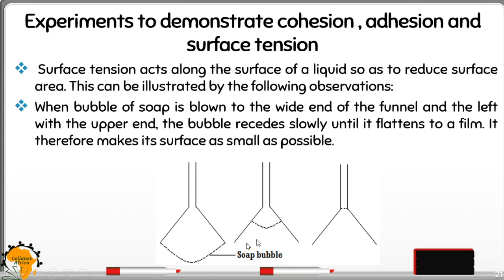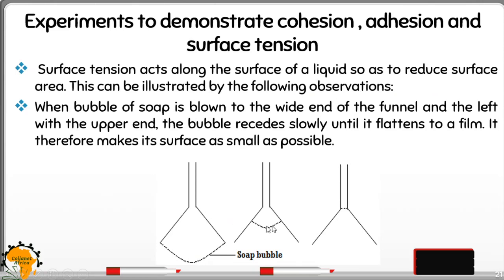But when you withdraw your blowing, you find that it recedes. And finally it will go up to where we have the neck. Why? Because in the first case, there was a larger area. And we have said that the surface tension will always act to reduce the surface area.